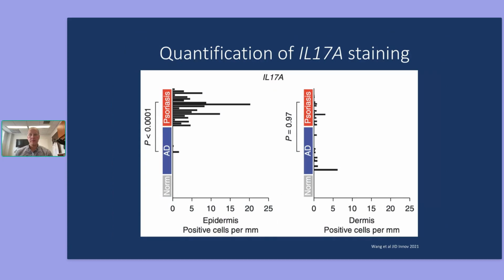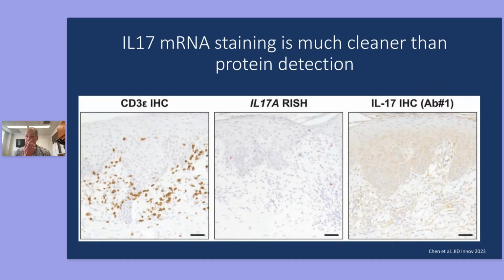We were intrigued by the fact that there's this variation in the amount of IL-17 producing cells in psoriasis. So remember this idea of personalized medicine. Maybe this is actually telling us something about these patients. And in atopic dermatitis, occasionally you may see some expression in the epidermis or the dermis. And again, we were just really, really excited about this.